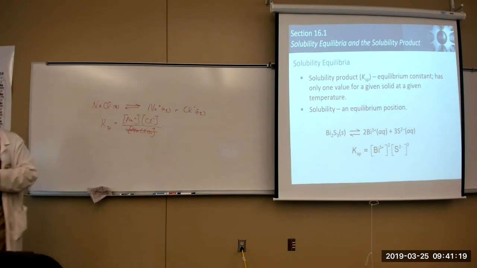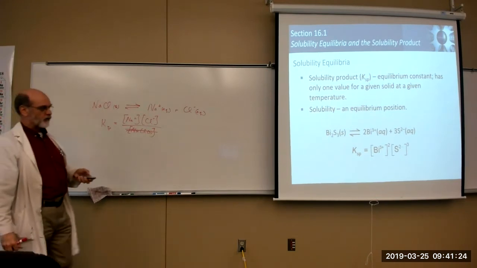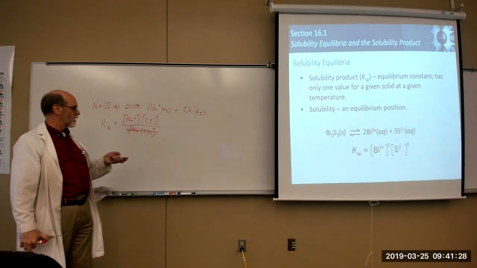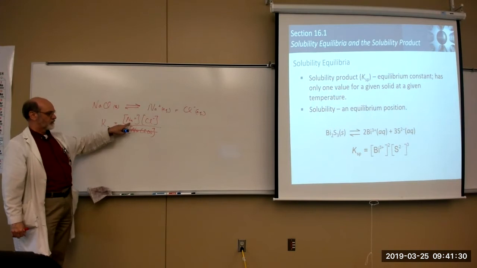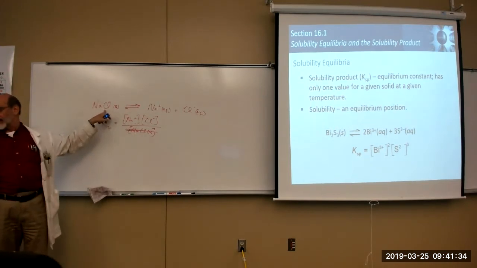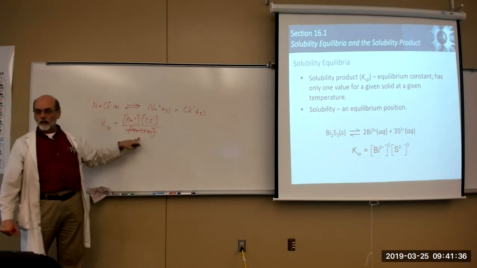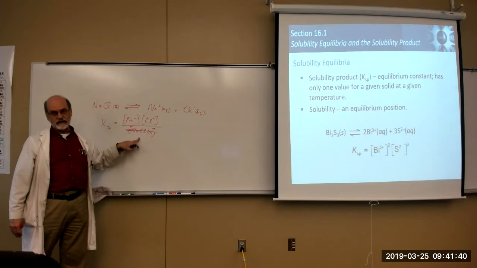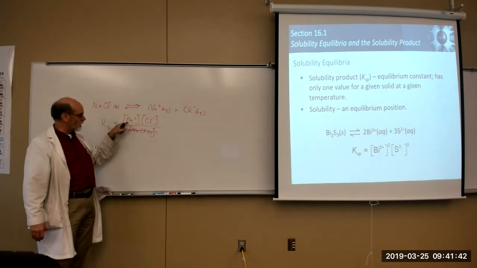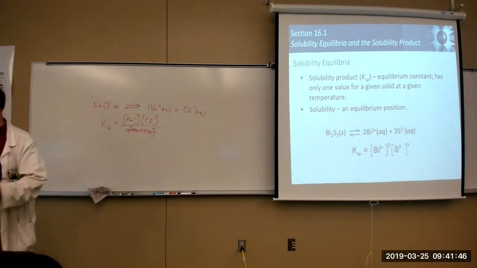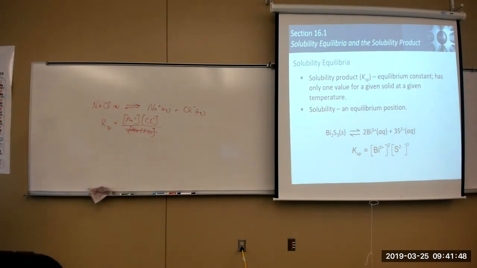So that's why we call it the solubility product, because all equilibrium expressions for the solubility of a solid are a product. The reactant side is the solid, which would normally appear in the denominator, but doesn't because it's a solid. So it's always a product. That times that equals this. That's where the solubility product name comes from.